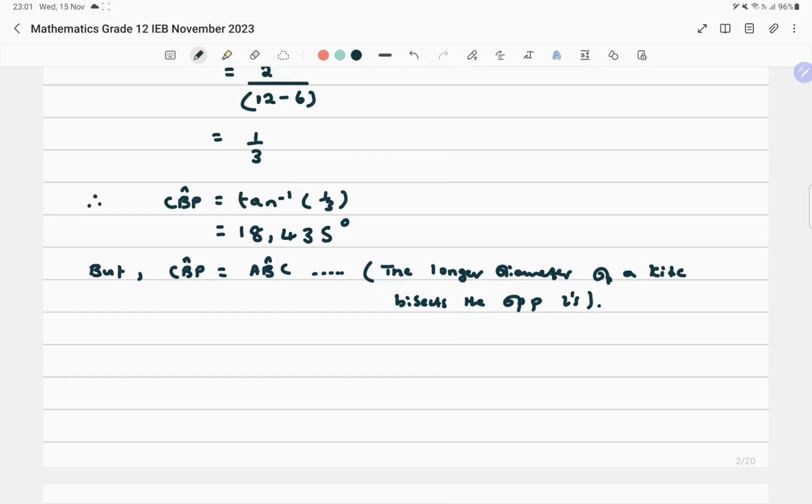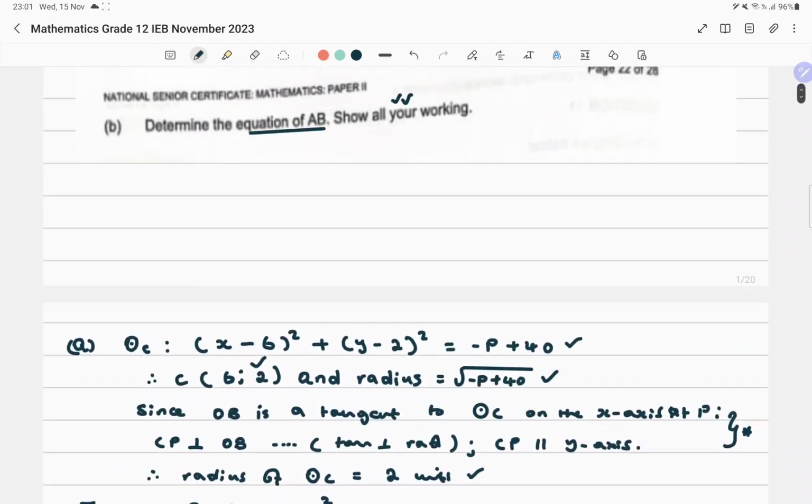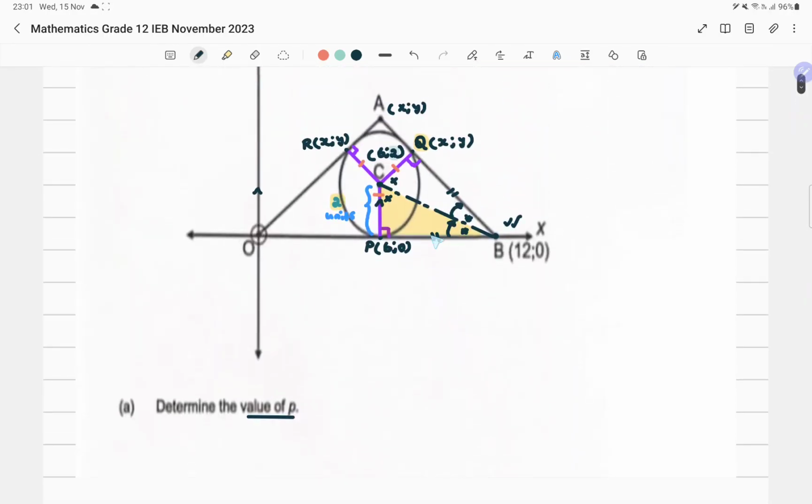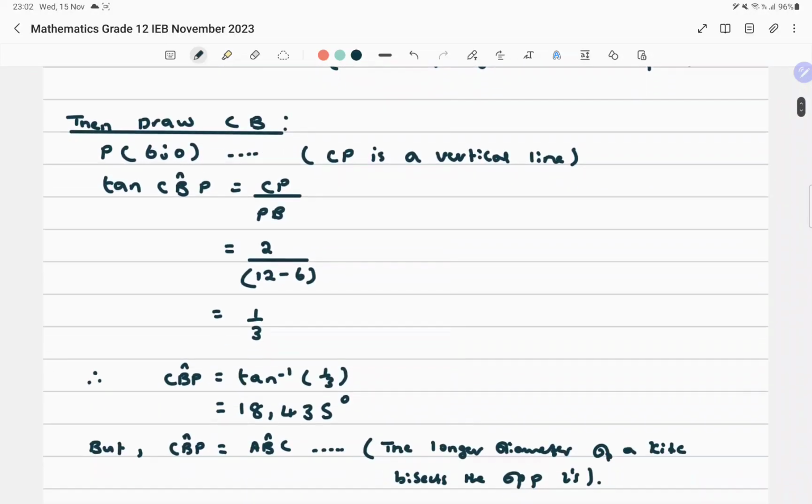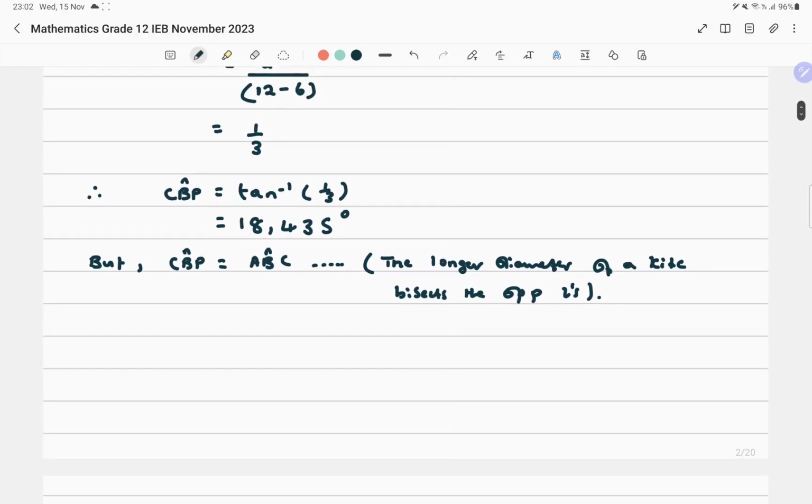So essentially it bisects this angle here, PBA, as well as QCP, although they are not equal, but it bisects them. So yeah, it's a lot.